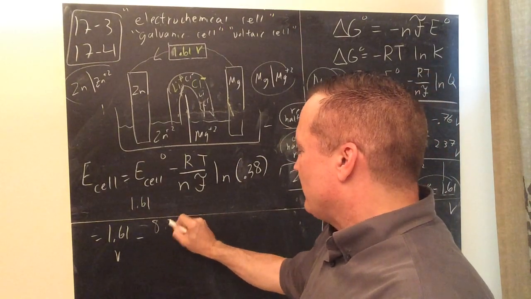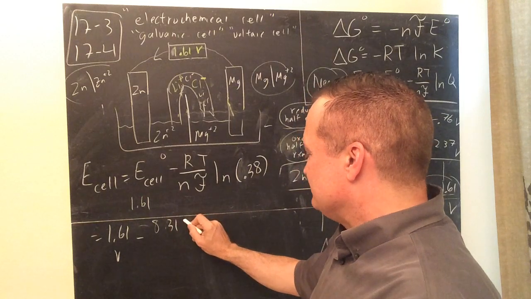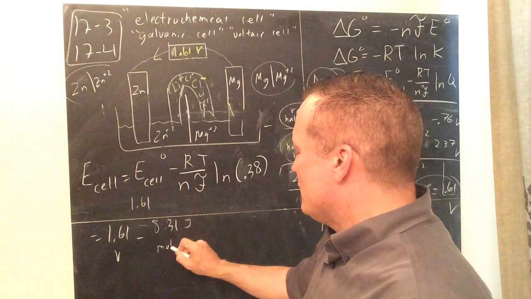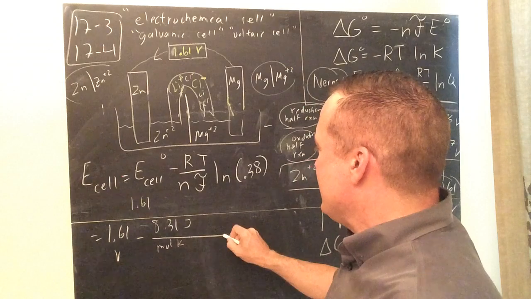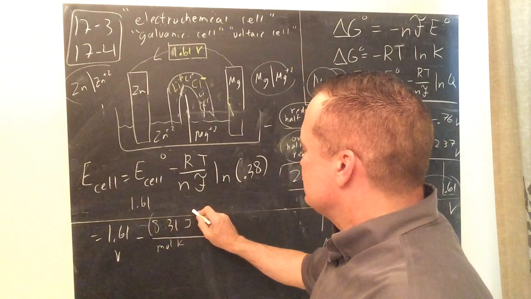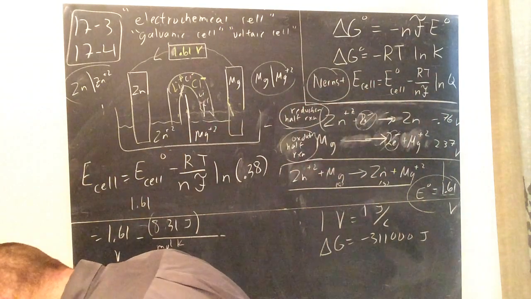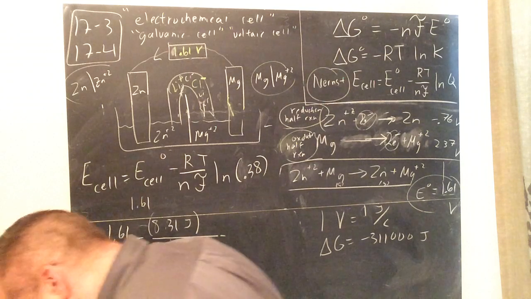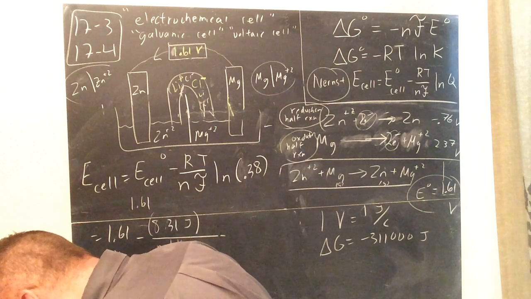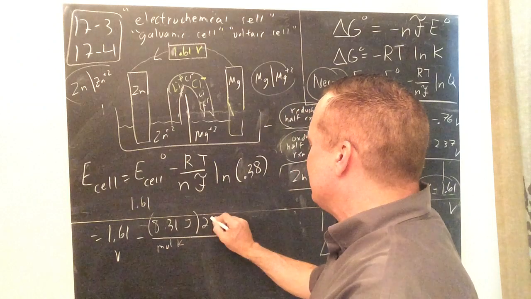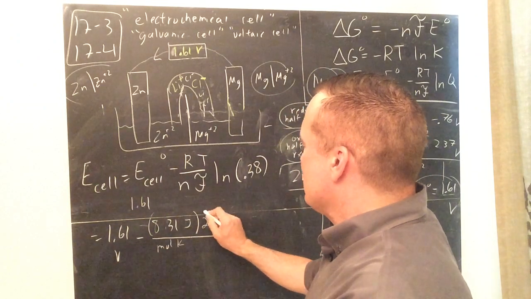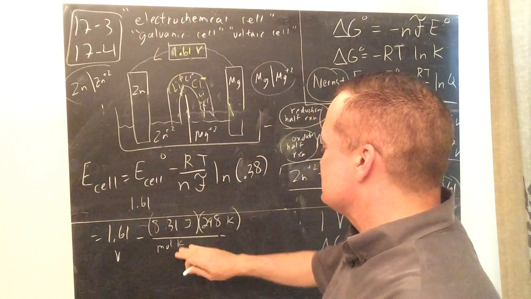R is 8.31 joules per mole Kelvin. Okay. T, it's standard. Is it standard temperature? It should be. Yeah, 298 Kelvin. We'll assume it's 298 Kelvin. They didn't tell us, but it has to be. They would tell you otherwise because the problem before it was.